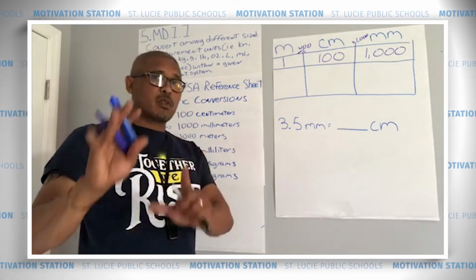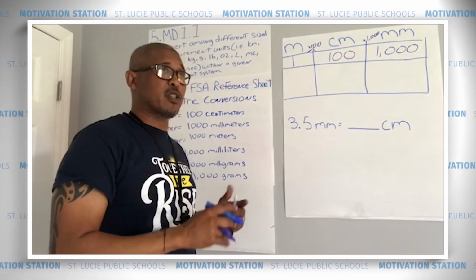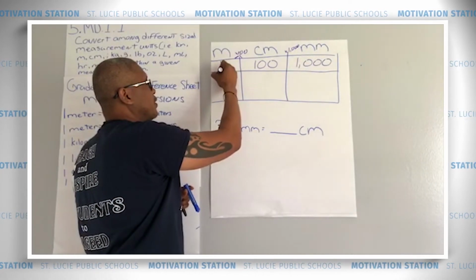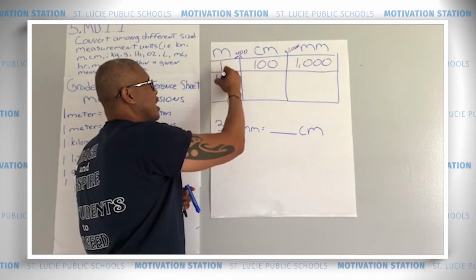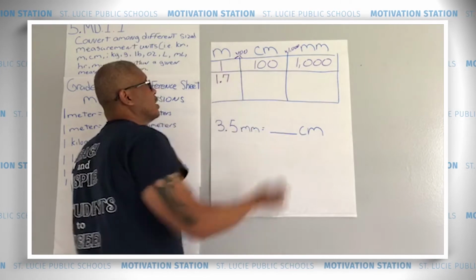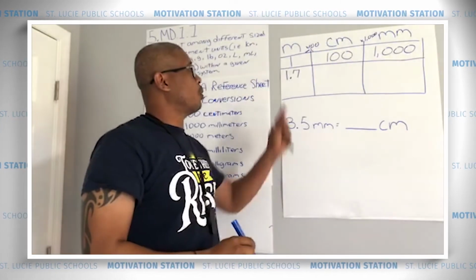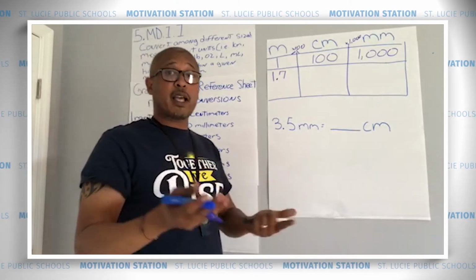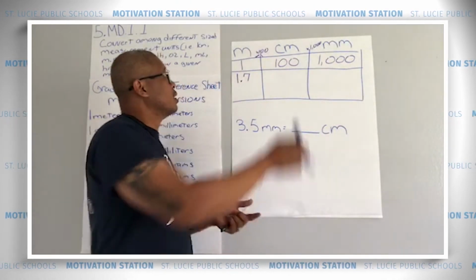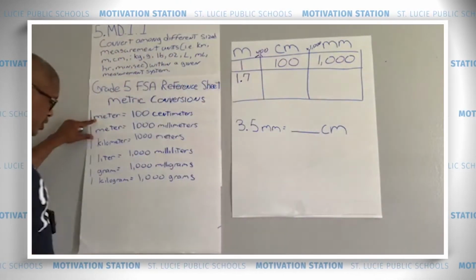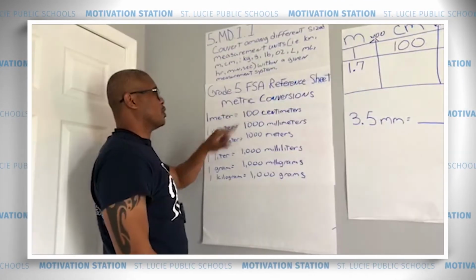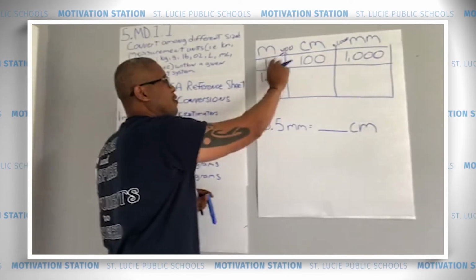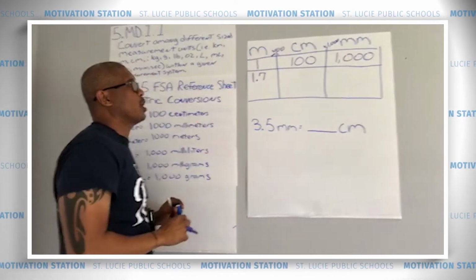So if I took that same example and I said to you, okay, well, Mr. Slappy, what if I had 1 7/10 of a meter? What would be the equivalent in centimeters? Well, if I go back to my conversion chart, 1 meter equals 100 centimeters, and that means whatever I have, I multiply that by 100.